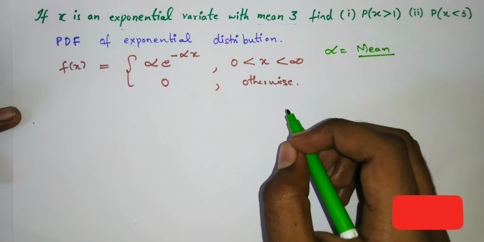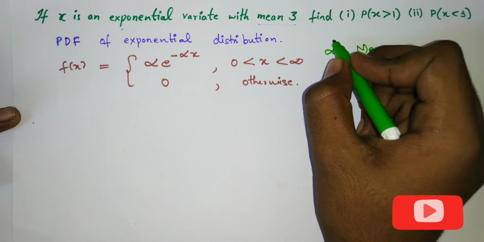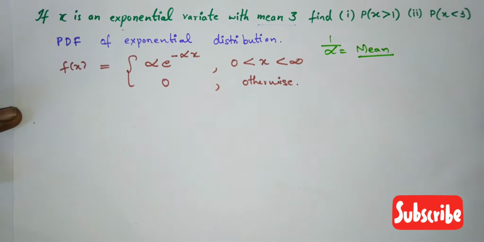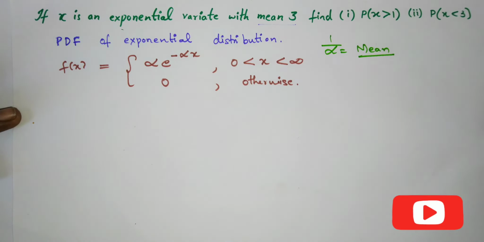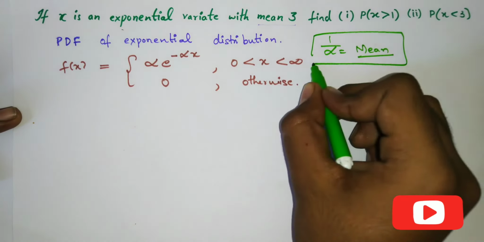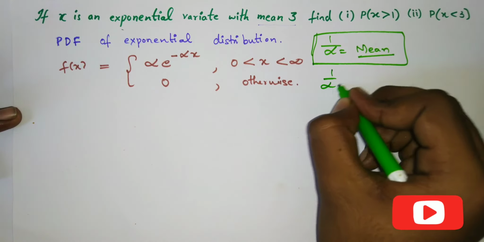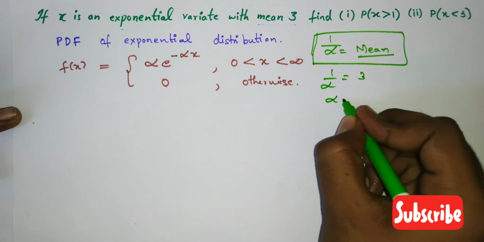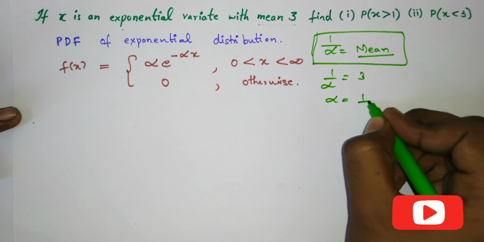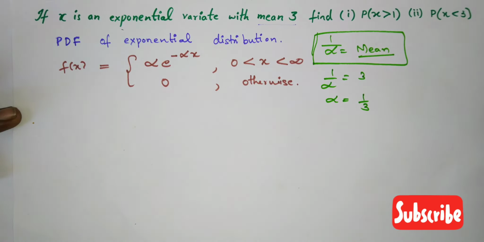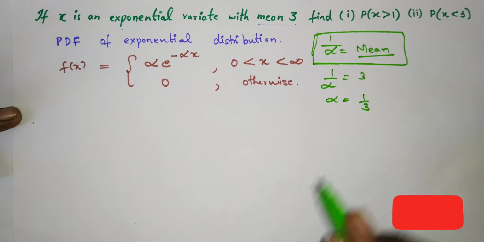But you need to remember one thing: for an exponential variate, 1 by alpha is equal to the mean. So 1 by alpha, what is the mean here? 3. So 1 by alpha is equal to 3, so alpha becomes 1 by 3.